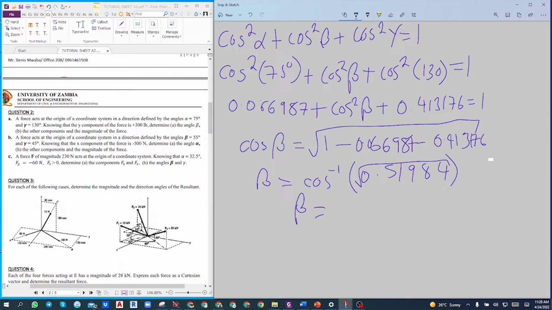We have beta is equal to cos inverse of, this is where we have the positive or negative 0.721 to 0.997. Right. So that's because we took a square root, we need to take note of both the negative and the positive.